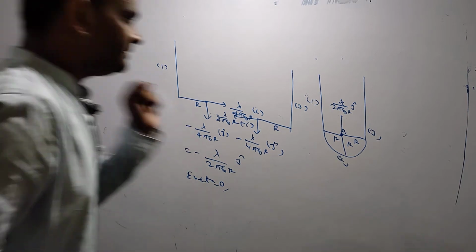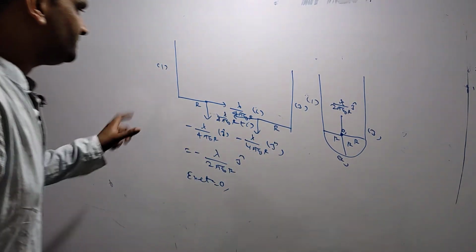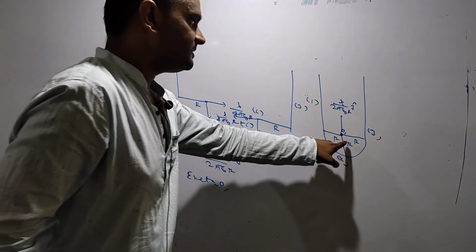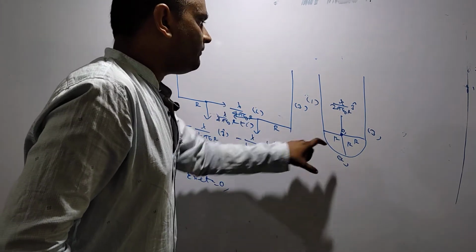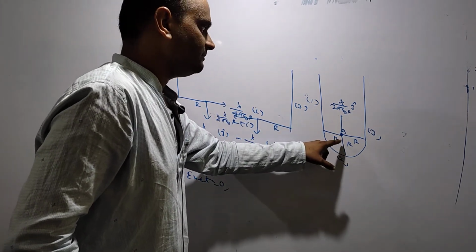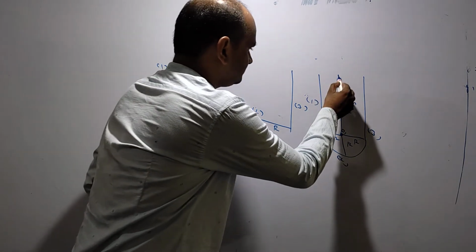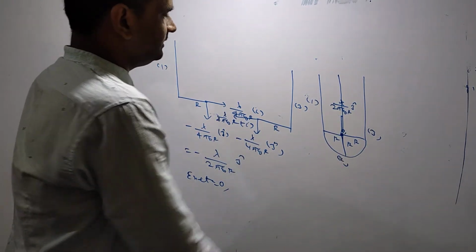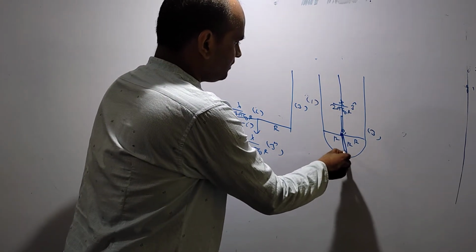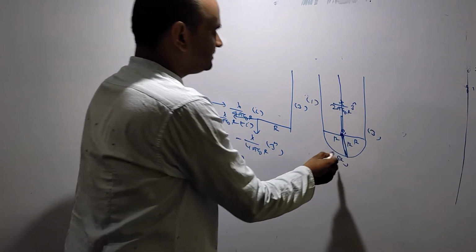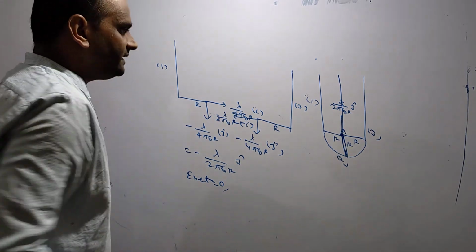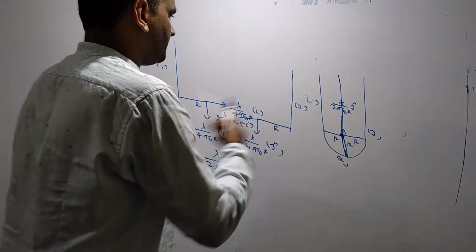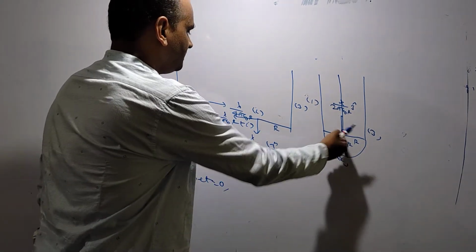Can you answer in just a second? Yes, this is a point of symmetry. Whenever you find a point of symmetry, because look, these things lie on the point of symmetry, then we have already discussed in the other classes, so the electric field will be 0.